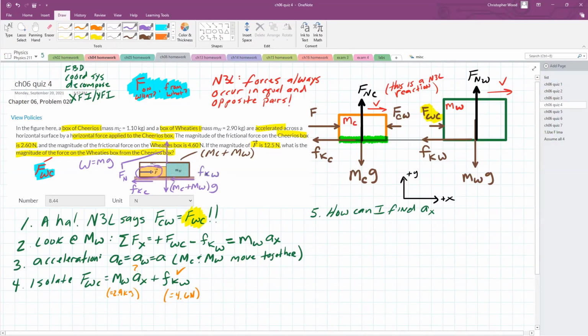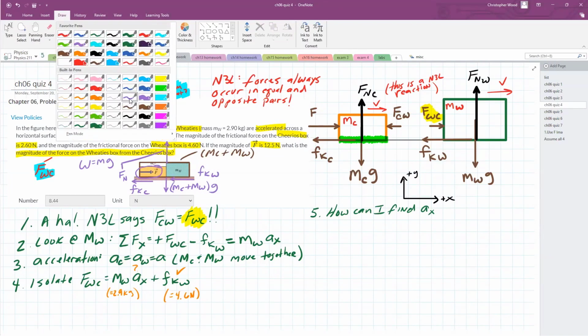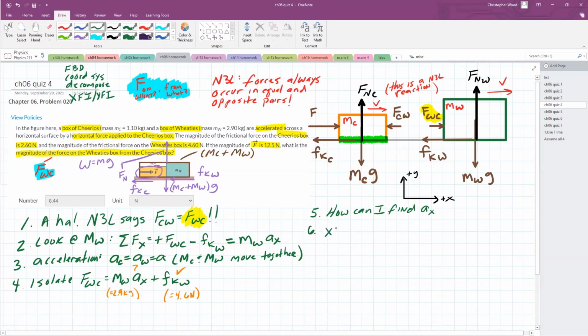Now that I'm considering this as a single system, these two boxes are staying together. So I'm just going to consider them to be a single object. Let's do an X-force inventory on MC plus MW, the two boxes together.